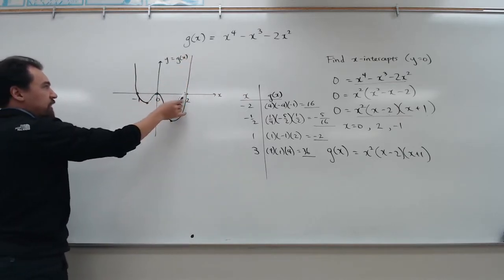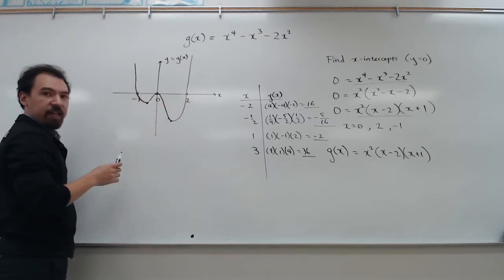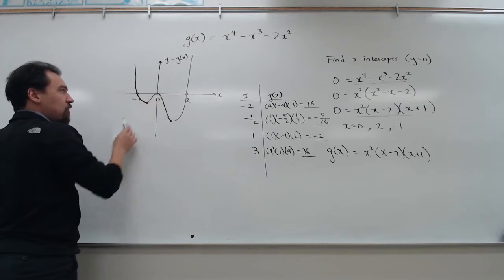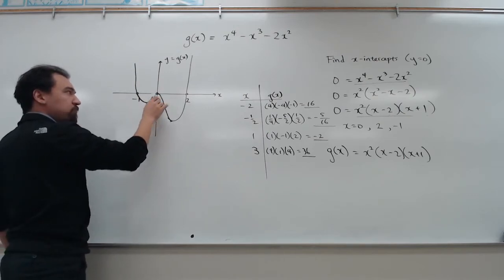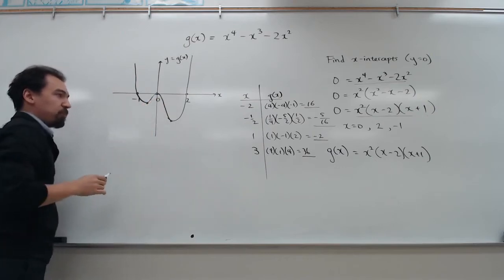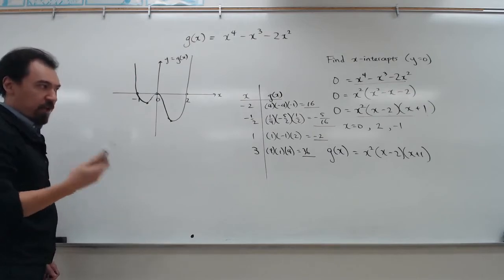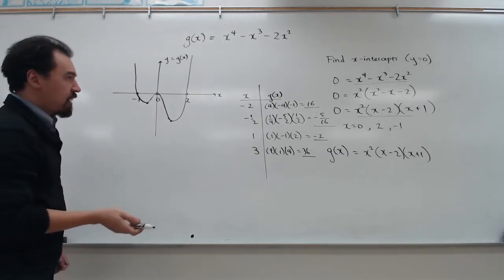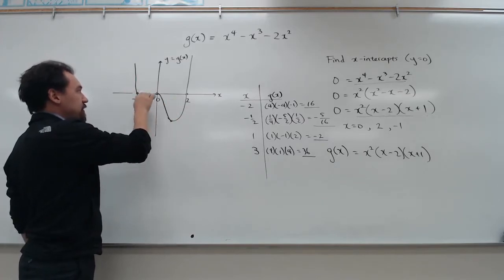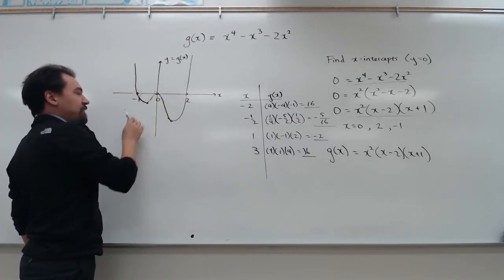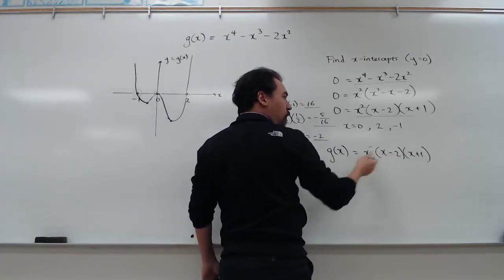So here and here, at these x-intercepts, we're coming through the x-axis. But here, we're doing what's called a touch and turn, where you don't actually go through the x-axis, but you turn around there. And it turns out, I'm going to ruin the surprise now without actually proving or motivating it, the distinction between this kind of x-intercept versus this kind of x-intercept is the power that shows up on the factors.